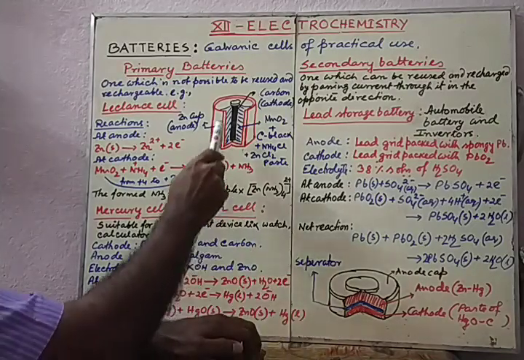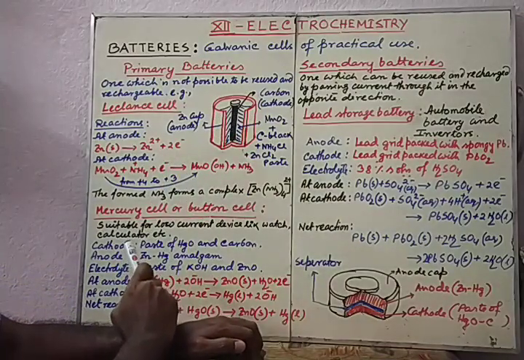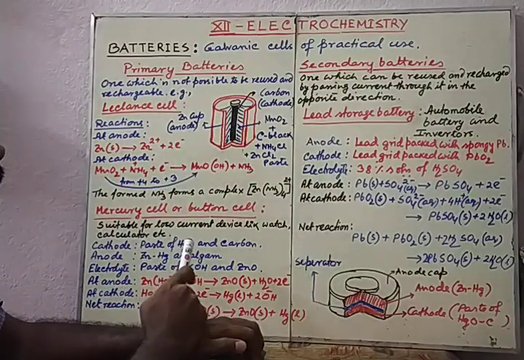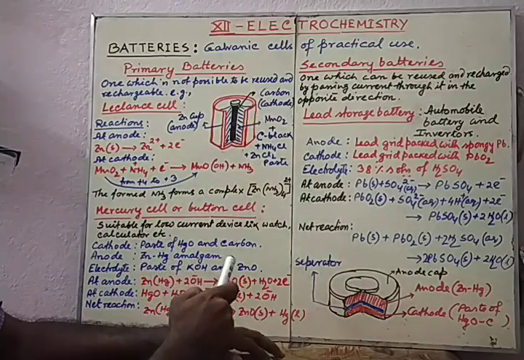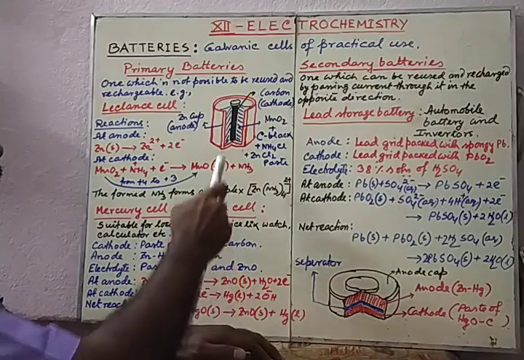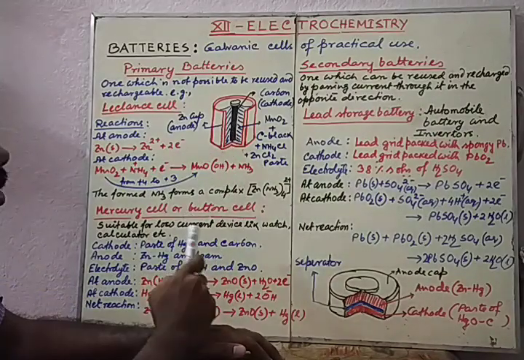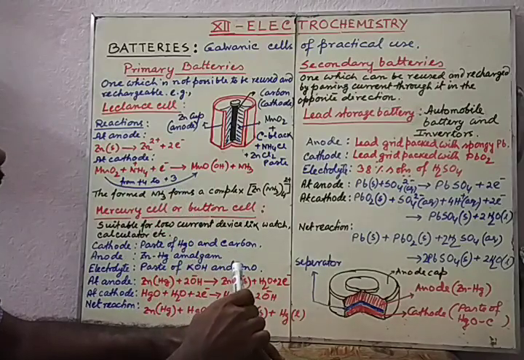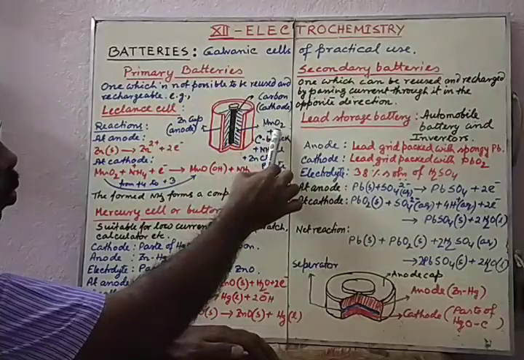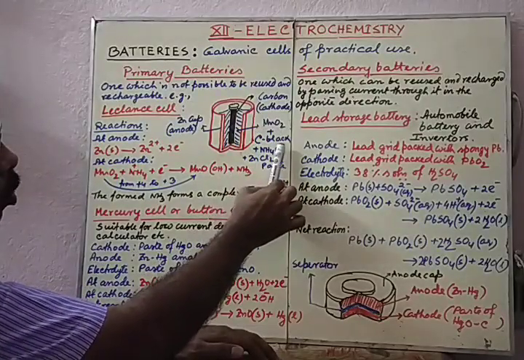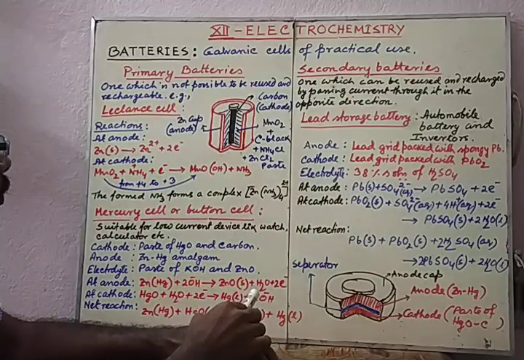It is made up of a zinc cover which is acting as anode, and the cathode is made up of a carbon graphite rod, and the electrolyte that is packed within this zinc container is a paste of MnO2, which is black in color, carbon black, ammonium chloride and zinc chloride in the form of a paste.